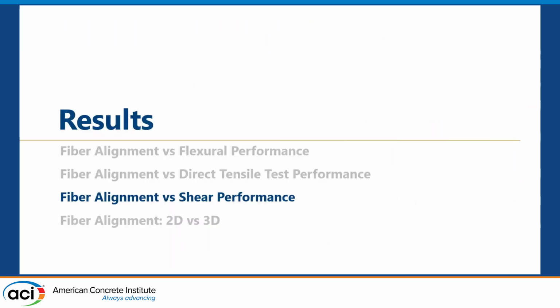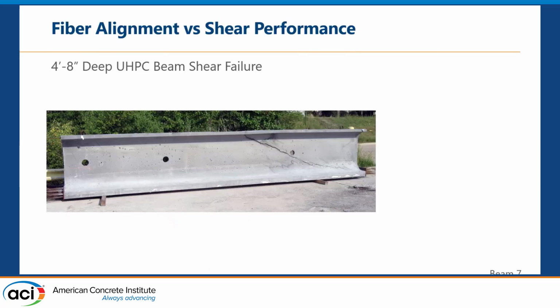Okay, the next group of results is fiber alignment versus shear performance. What you're seeing here is a UHPC beam, 4 feet 8 inches, pre-stressed concrete, that was tested and failed in shear.